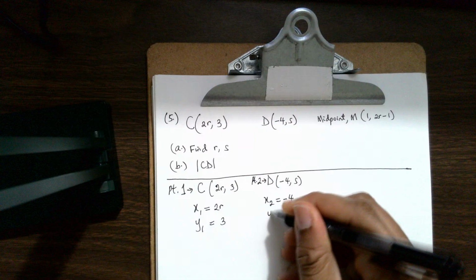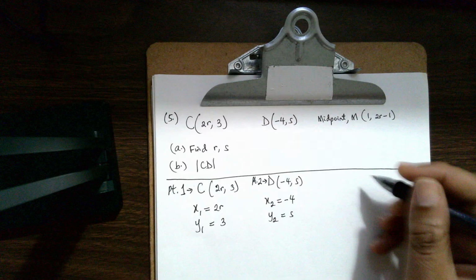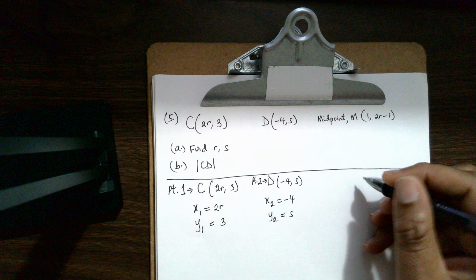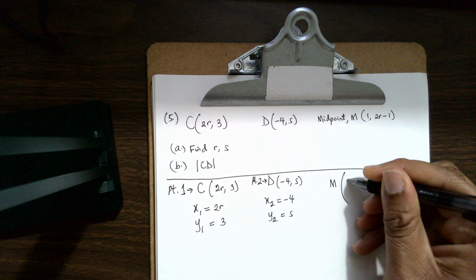When they give us the midpoint, the formula for the midpoint in coordinate geometry is just the middle point. So the midpoint M, the x coordinate is x1 plus x2 over 2.